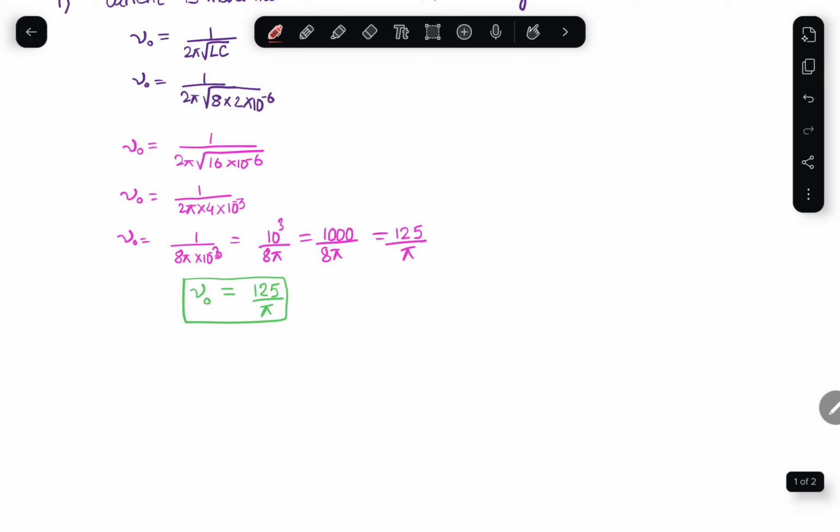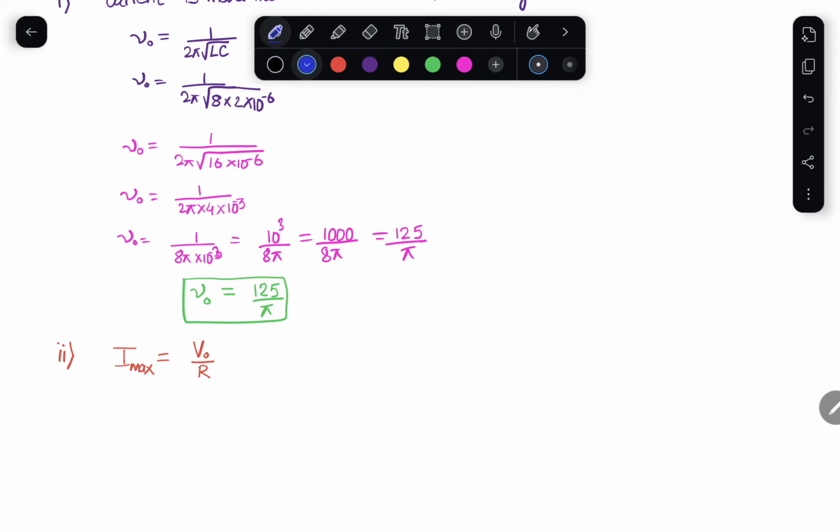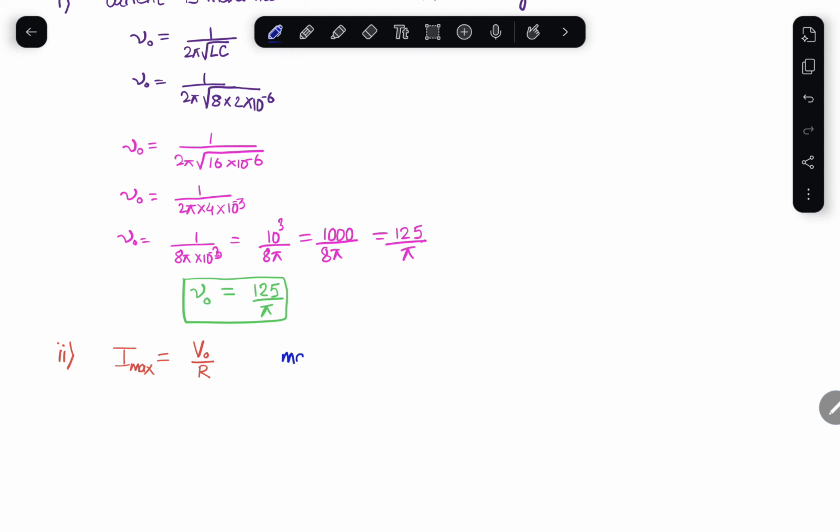Second part. The maximum current we have to find, that is I max, which is equal to V naught by R. Because for the maximum value of current, XL must be equal to XC.